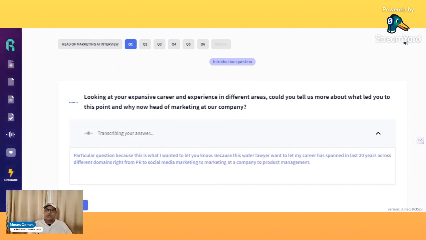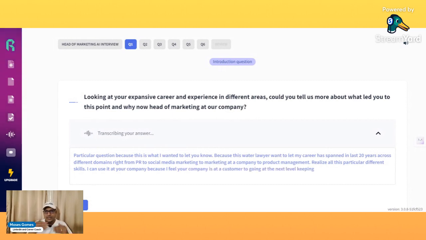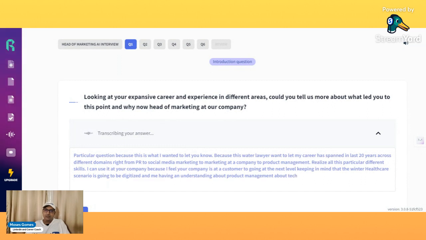I realize I can use all these different skills at your company because I feel your company is at a cusp of going to the next level, keeping in mind that the entire healthcare scenario is going to be digitized. And me having an understanding about product management, about tech management, and about social media and PR, I can exactly help your company to leverage these skills and go to the next level. Thanks.